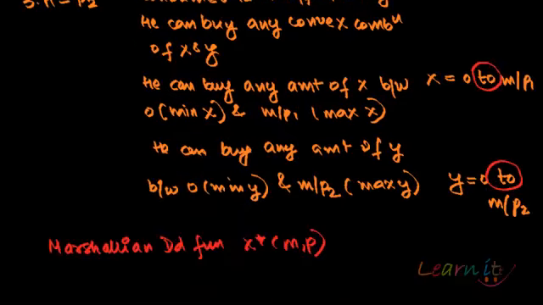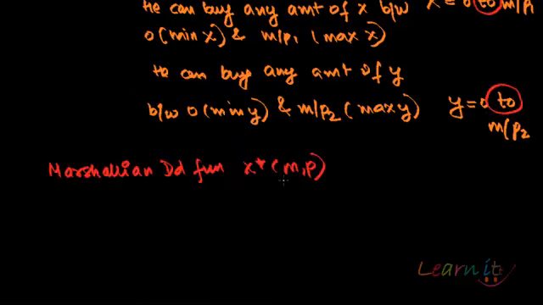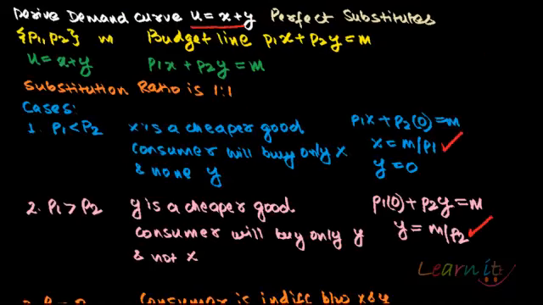So these are also called the Marshallian demand function. In case the question asks you to derive the Marshallian demand curve or derive the demand curve, it means the same thing. In another recording, we'll talk about how you actually draw this demand curve. Here we have derived the demand curve.